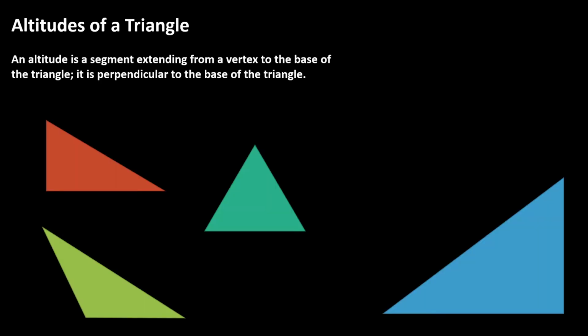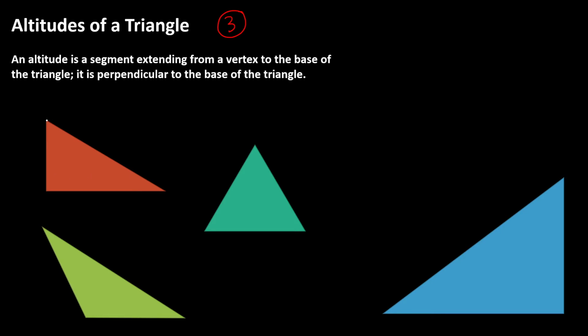So first we're going to take a look at the altitudes of triangles. In any triangle, doesn't matter what its shape is, there are three altitudes. The altitude is a segment extending from the vertex to the base of a triangle, and it's perpendicular to the base.